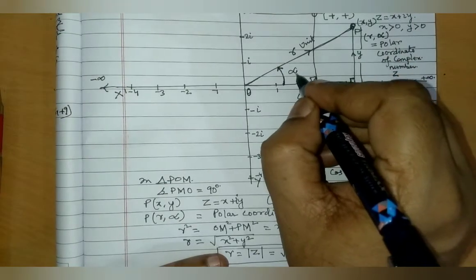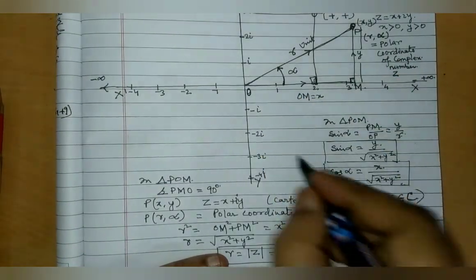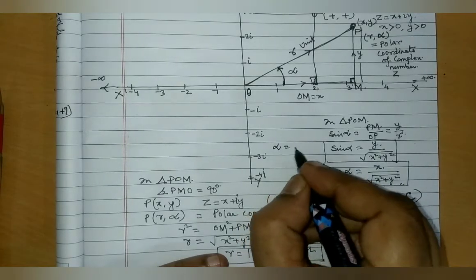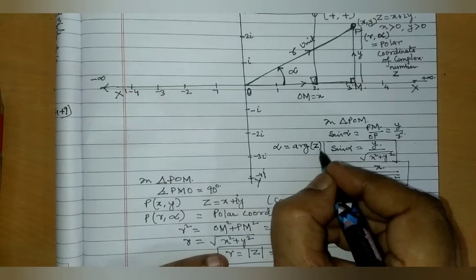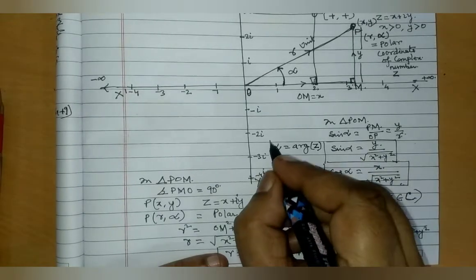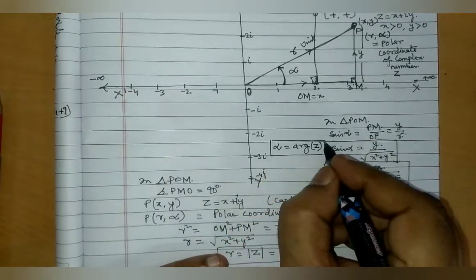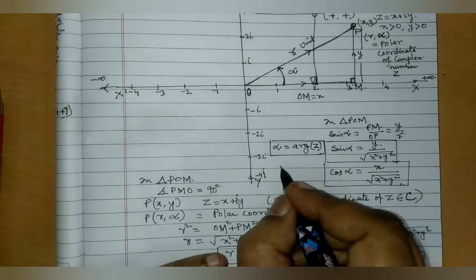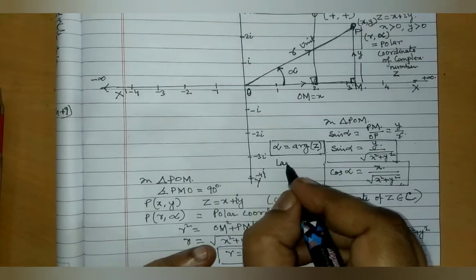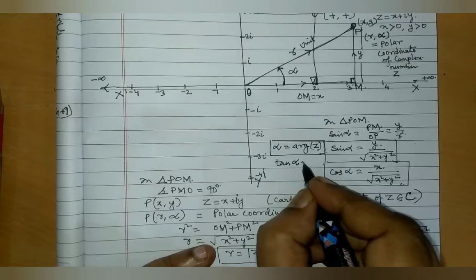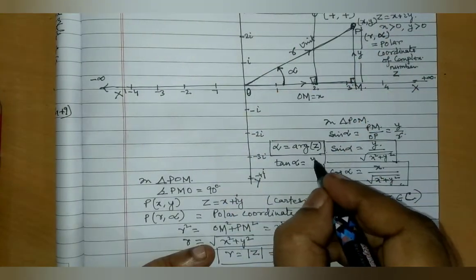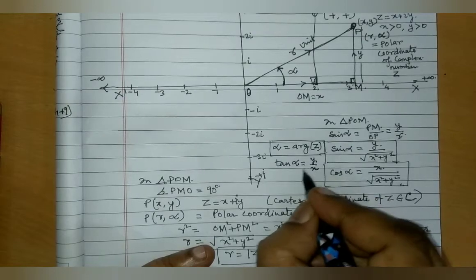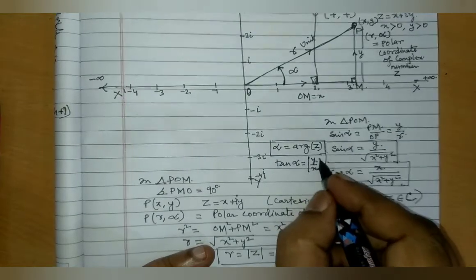So here alpha is a positive angle and this alpha is called the argument of the complex number z. So if we have to find the argument, we will use one formula: tan alpha is equal to perpendicular by base, so y by x, and you will have to take mod of this.